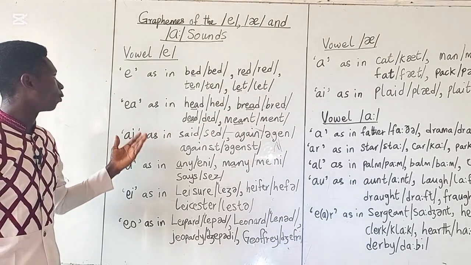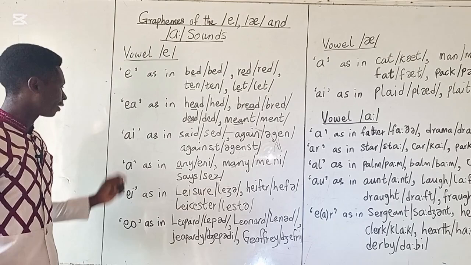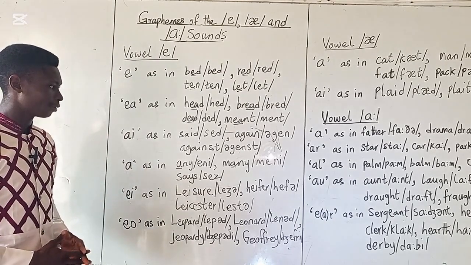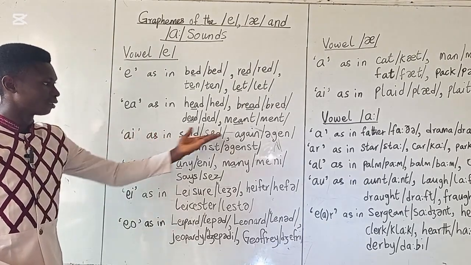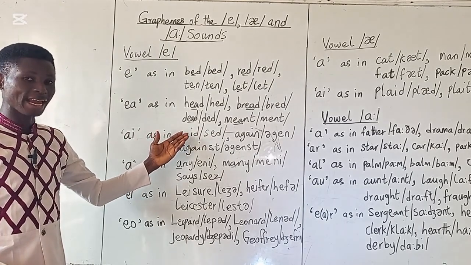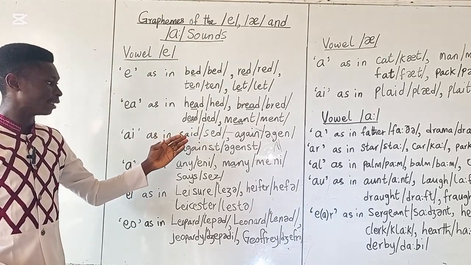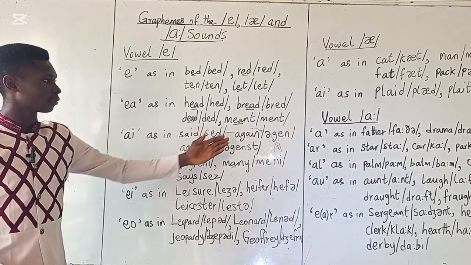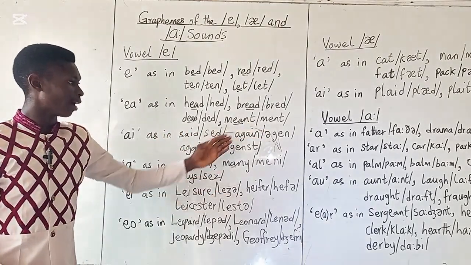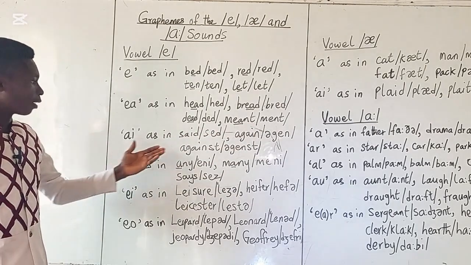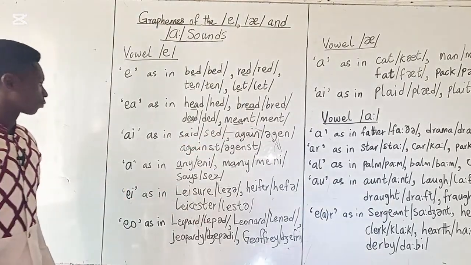Another spelling for the A sound is AI. So don't mispronounce this word as A. It is not said, but said. Again, again. So we have against.